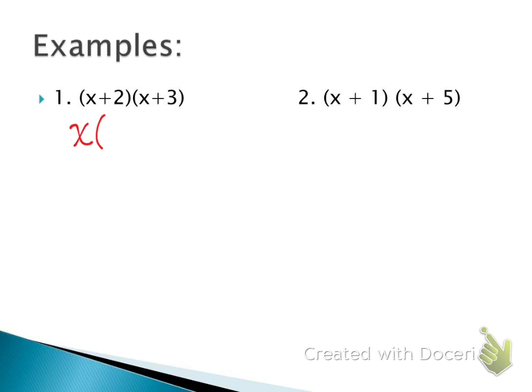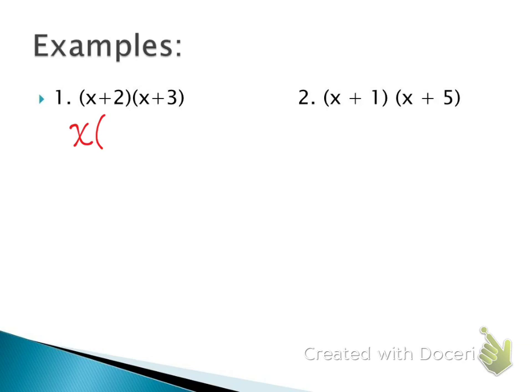Kelby, what's the second binomial? Binomial means how many terms? Two terms. So the second binomial would be the second thing that has 2 terms, or the second set of parentheses.